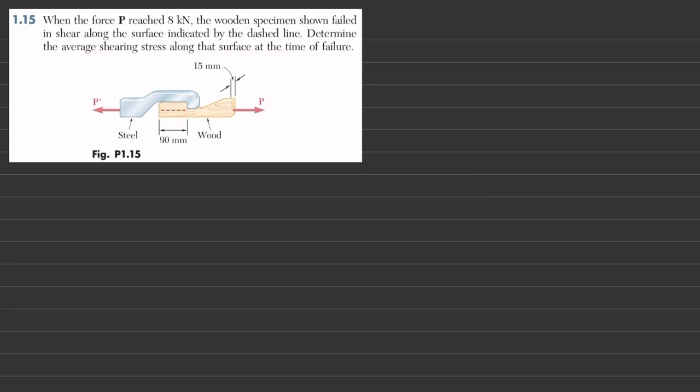So let's start with the given data. We have been given that P is equal to 8 kilonewton. Clear? And what we have to find is the shearing stress tau along the dashed line which caused failure. So what we will do is that you can see that this is the length if I draw it like this.